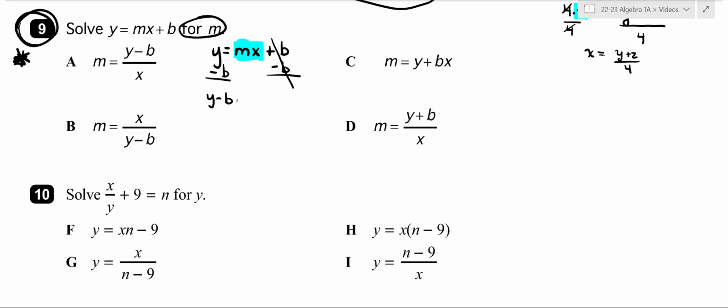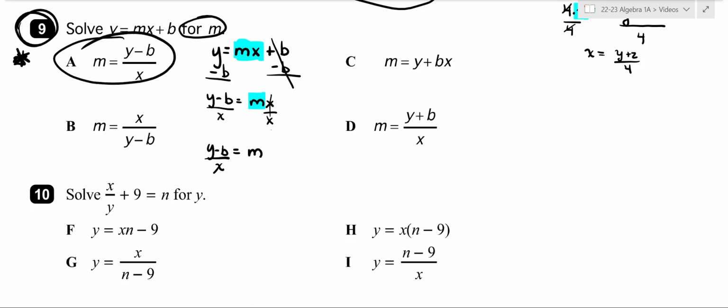So you can have y minus b equals mx. And remember, we're isolating m. That means the x has to go. Ooh, I almost wrote x equals. M equals y minus b over x. Right here.